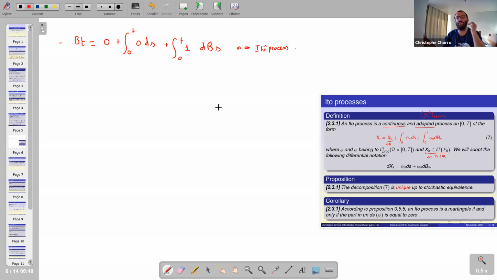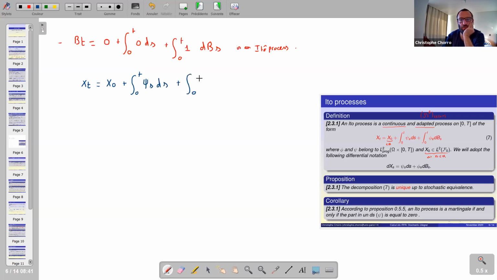Okay, so we have this. Now, we have the definition of an Ito process. So just let me introduce notation. When Xt is defined through its Ito decomposition this way, we have a formula that is a little bit long to write.